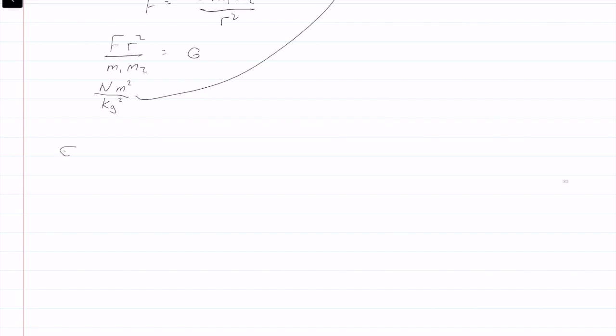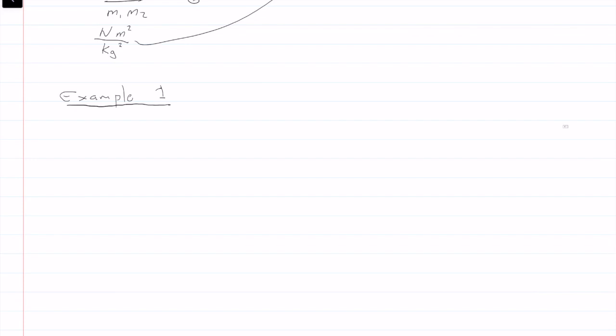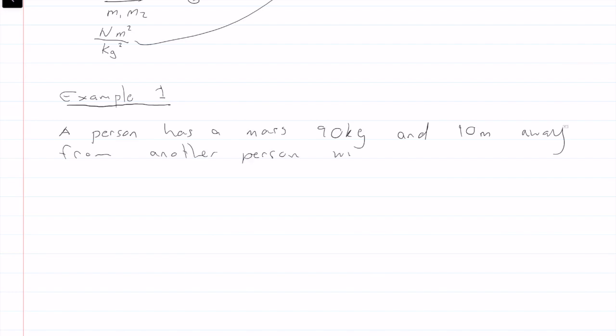So let's say example 1. Let's say we have a person who has a mass of, let's say, 90 kilograms and is 10 meters away from another person with a mass of, let's say, 60 kilograms.